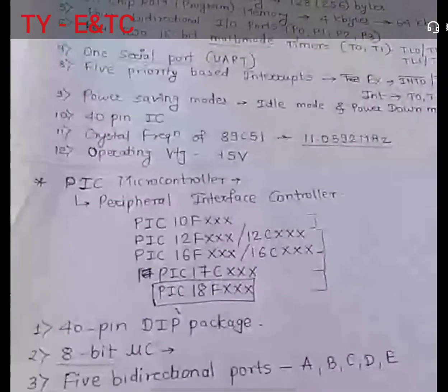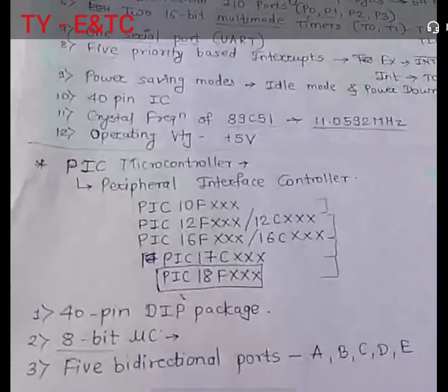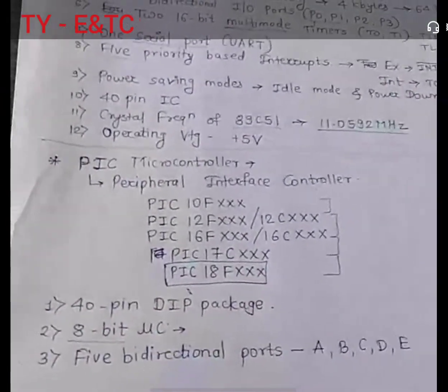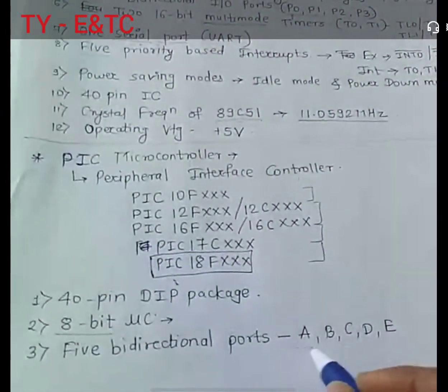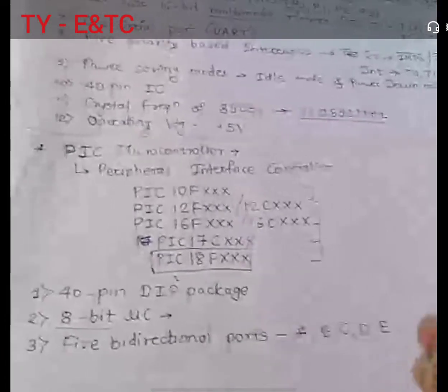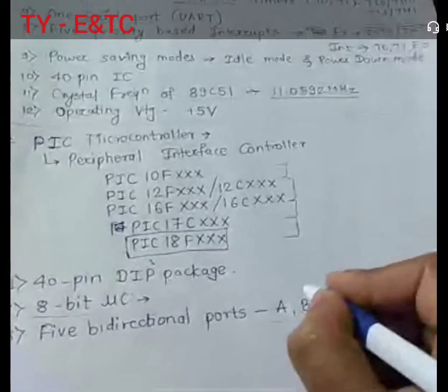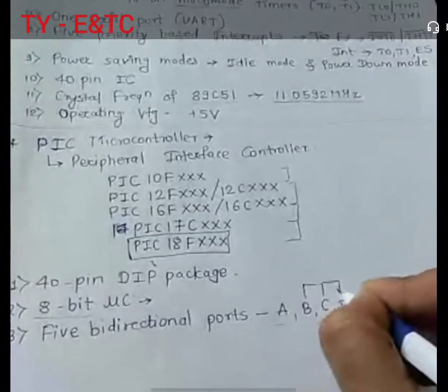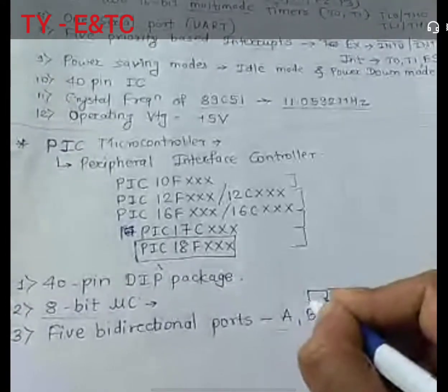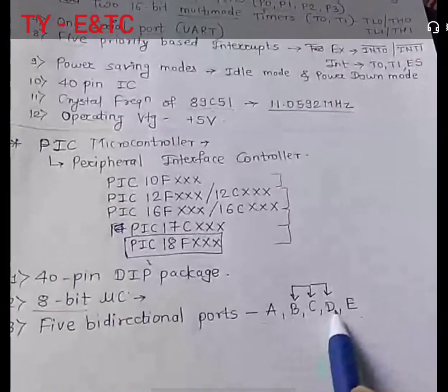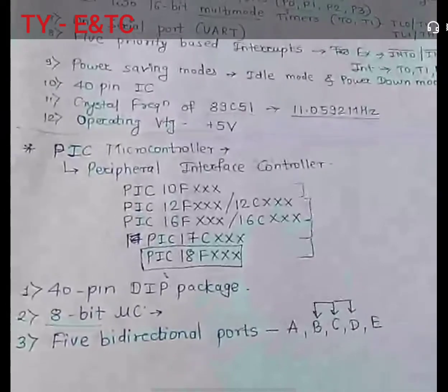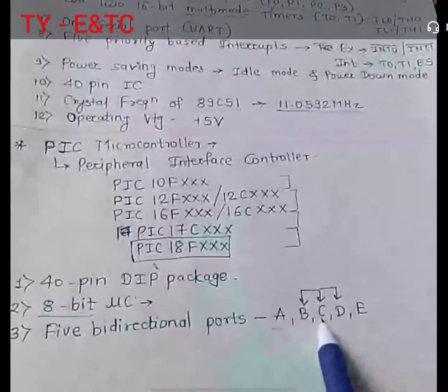Now, in 89C51 all 4 ports have a size of 8 bits. But in the PIC microcontroller, the 5 ports are not of equal size. Ports B, C, and D have a size of 8 bits each, that means 8 plus 8 plus 8.